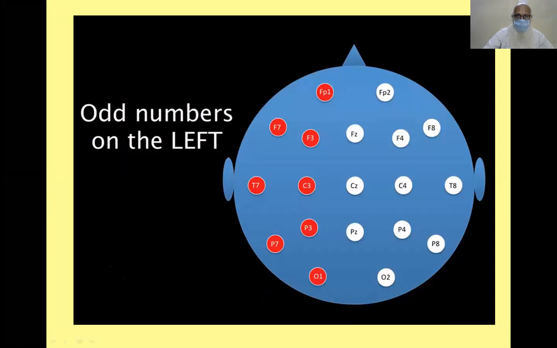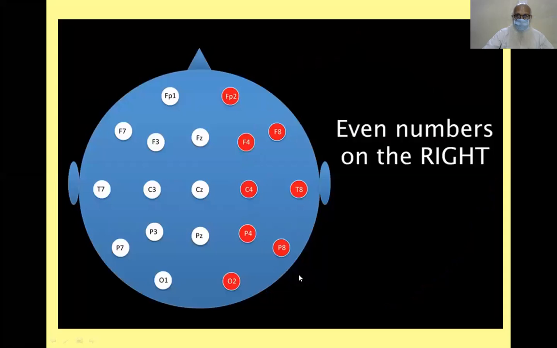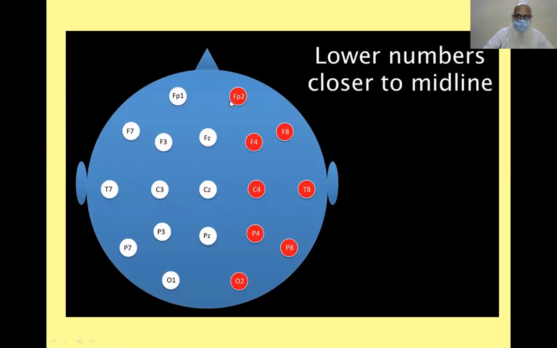Now, odd numbers are given to the electrodes which are on the left side. Even numbers are given to the electrodes on the right side. Then the lower numbers are closer to the central midline.